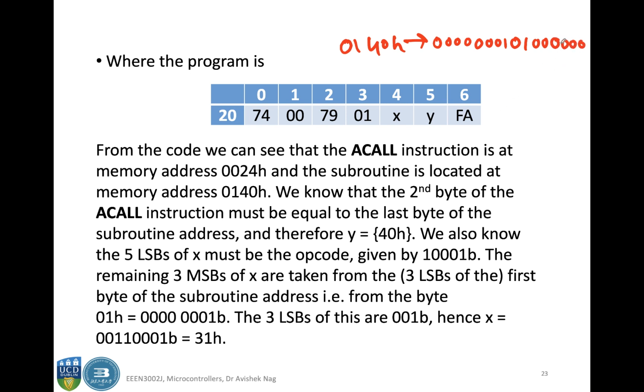So this is your 16 bits of the subroutine address. So if you recall, the 8 LSBs are basically your A7 to A0 of the ACALL instruction. So here in this case you have 0, 1, 0, 0, 0, 0, 0, 0, so these 8 are your A0 to A7.